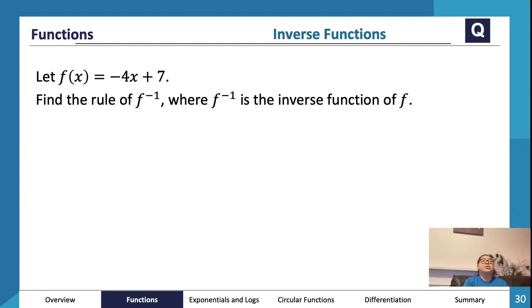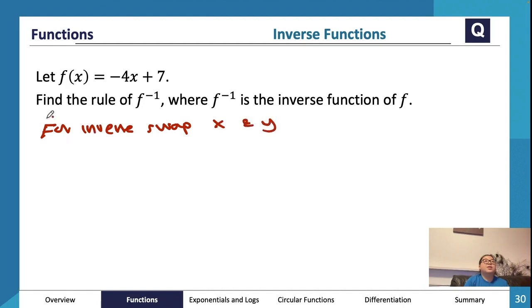Awesome. Most importantly, this is the point I want you to remember from inverse functions. You must write, and I cannot emphasize this enough, that for inverse, swap x and y.